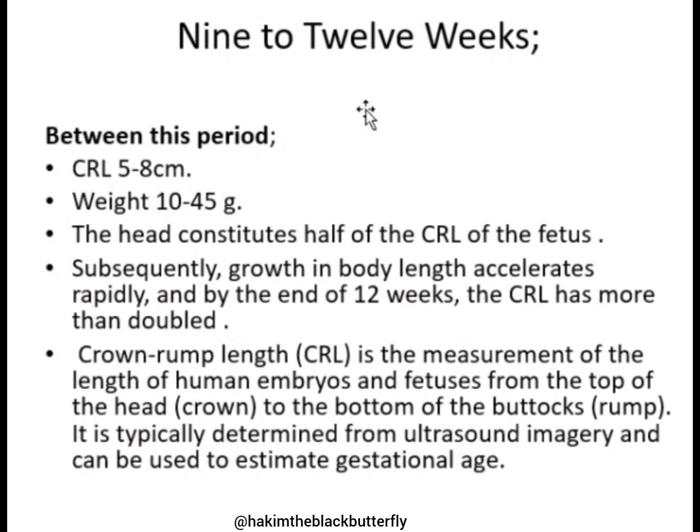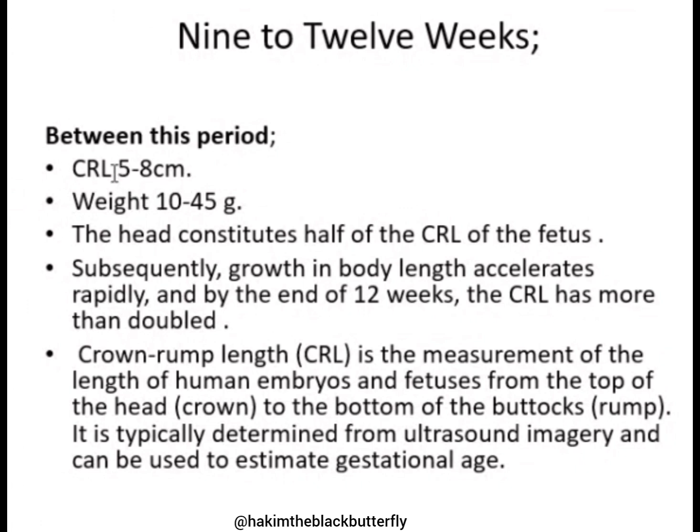So between week 9 up to week 12, the average crown rump length is between 5 to 8 centimeters of the fetus. Now it is the fetus, because we're in the fetal period. And on average, the weight can be between 10 to 45 grams, and some machines, ultrasound machines, can measure that. It can be overweight, or the length might exceed the upper limits.